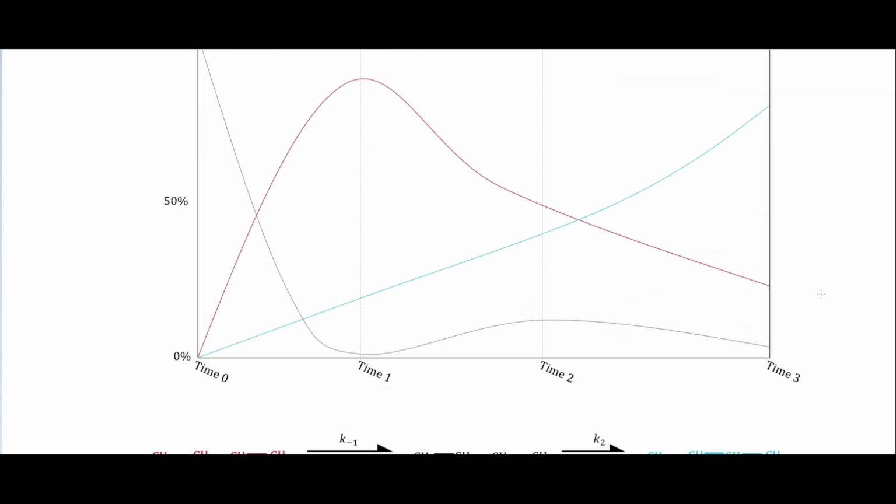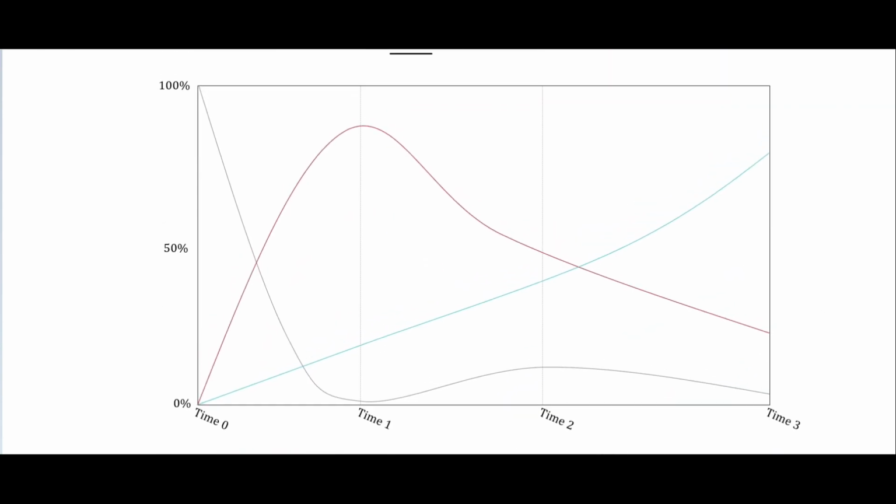And we can look at the graph like this as well, where we are looking at time t equals 0 here. We are at all reactants. We allow the reaction to occur. At t1, we now have mostly the 1,2 addition right here, while the 1,4 addition is steadily going up.